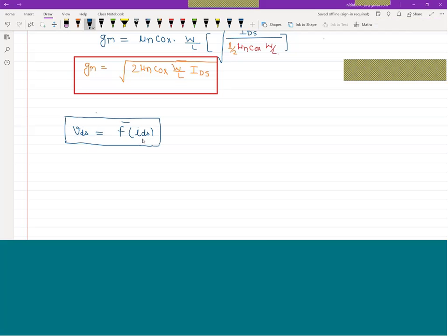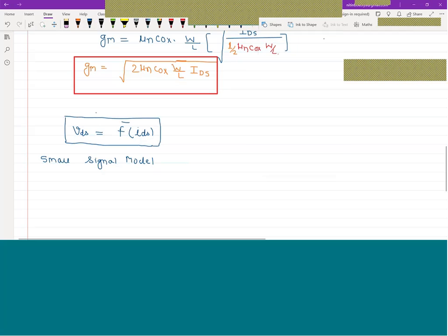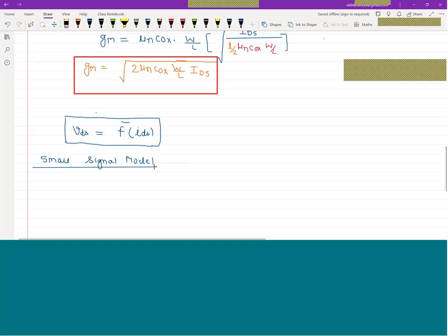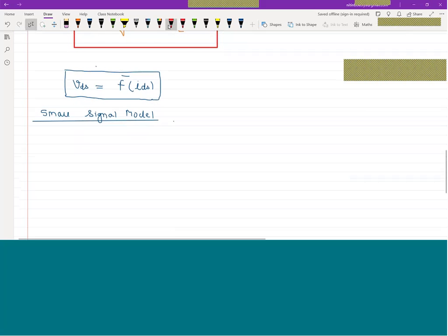So let's see what is the small signal model for common source. A small signal model. So first we are having one transistor, a common source arrangement, we are going for the common source.